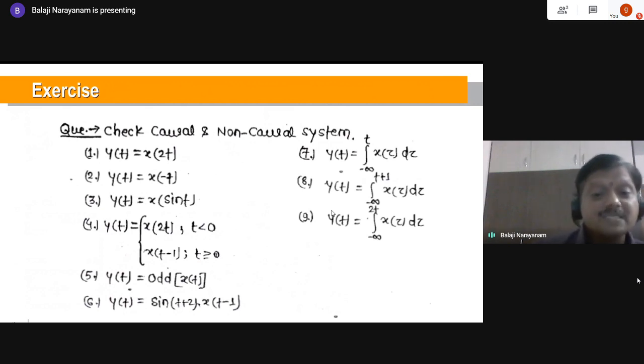Whenever such a problem is given, you will find the use of them. And the sixth question is y of t is equal to sin of t plus 2 x of t minus 1, and so on. So now let us take these problems one by one and try to analyze whether the given system is a causal system or a non-causal system.